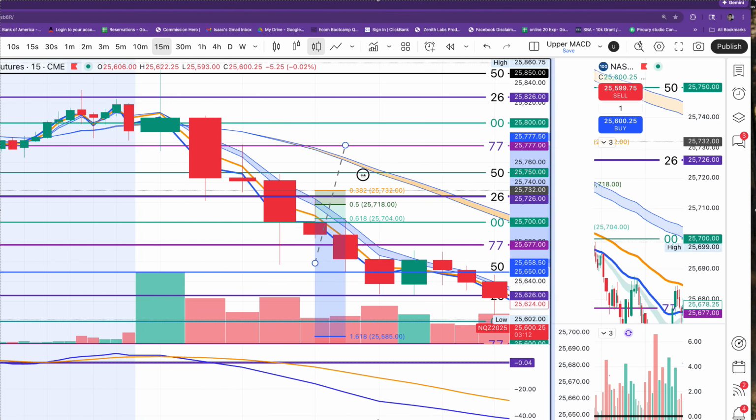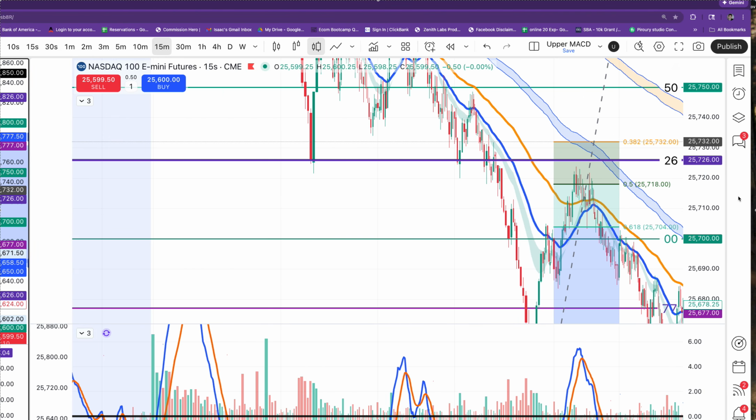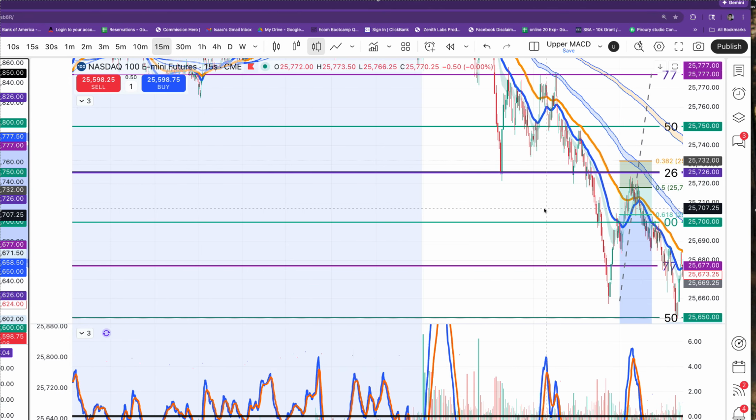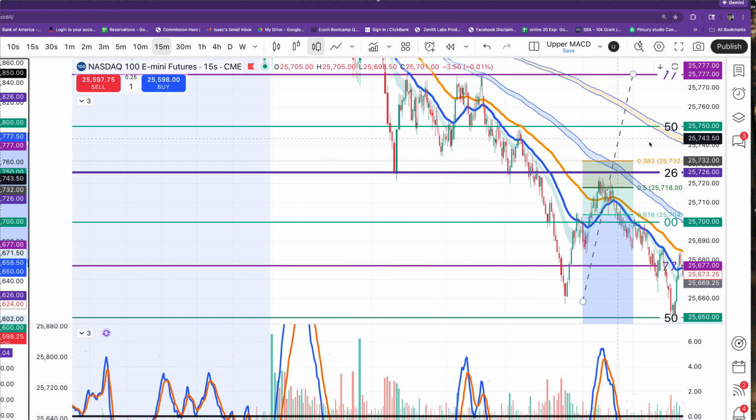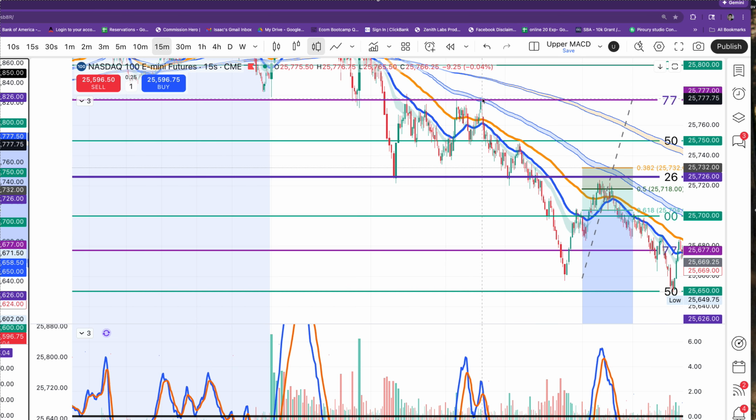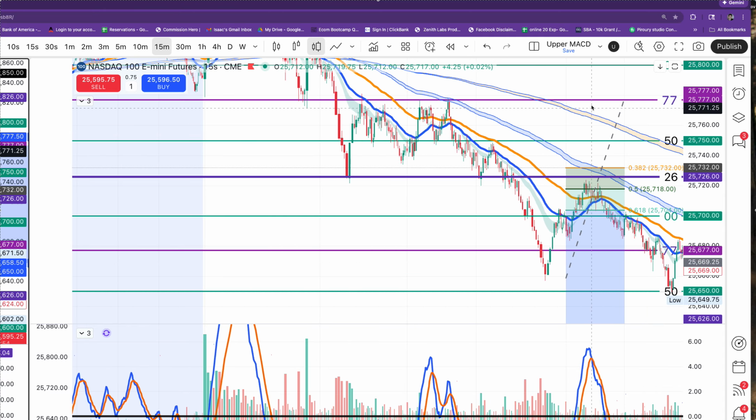And how I knew to do that was just looking back here. I could have used this one, but this one seemed more obvious somehow. It was the beginning of the big move down right here. Right, because price kept back testing the 77 over and over again until finally it pushed down from there. So that's why I used that one.